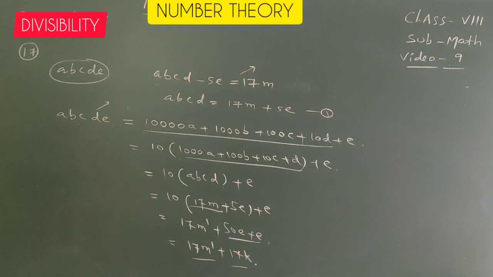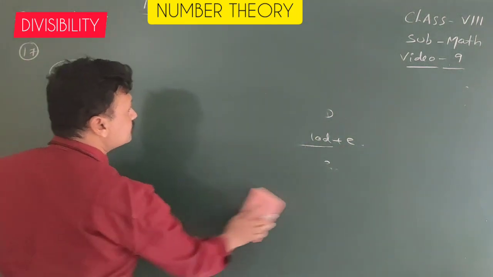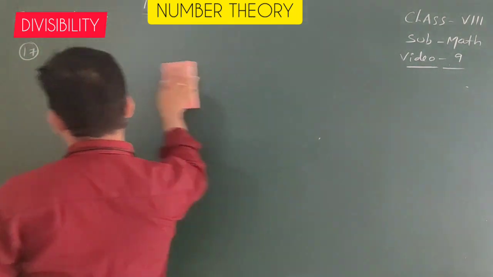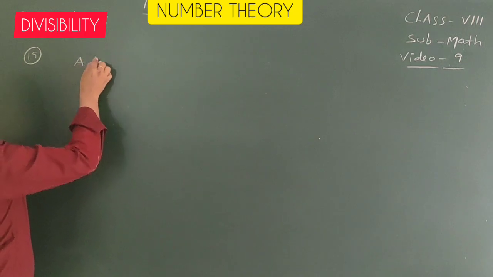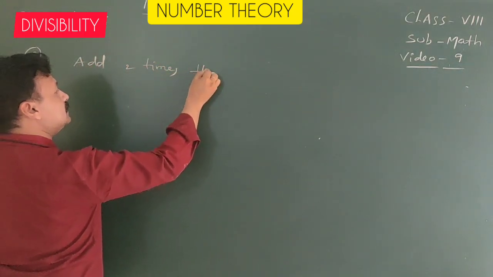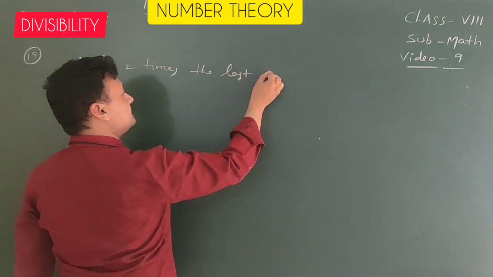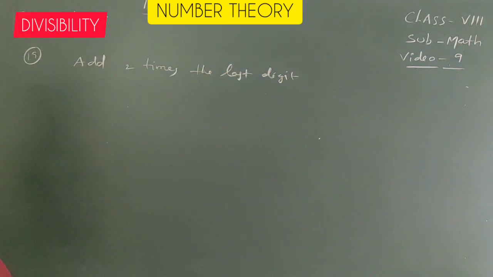Okay, next. Divisibility by 19. Add 2 times the last digit to the truncated number.